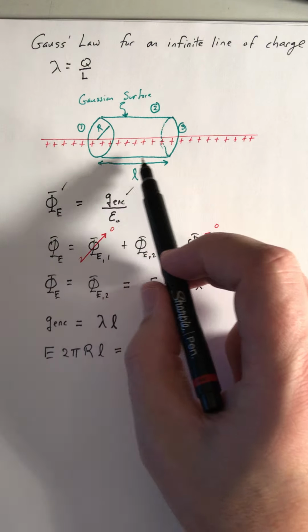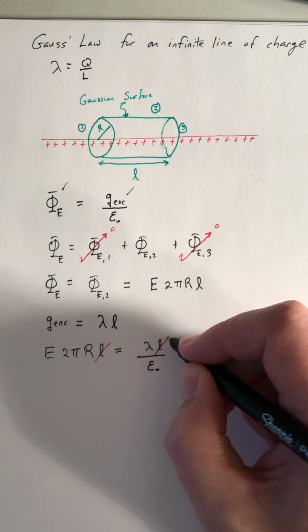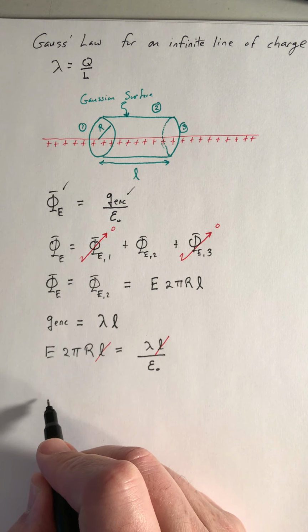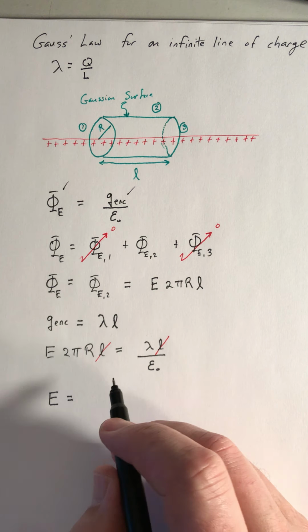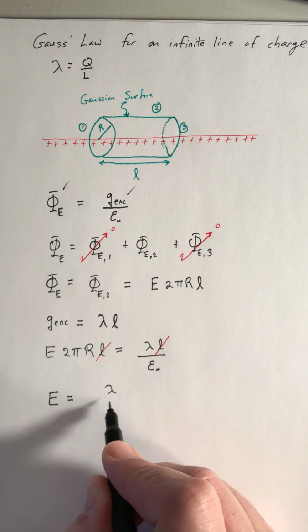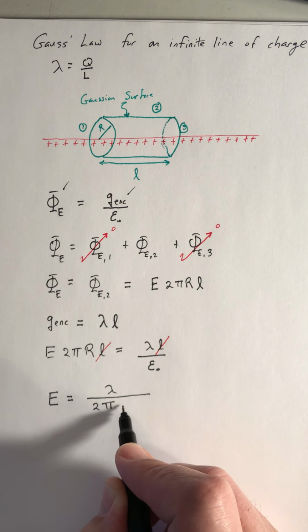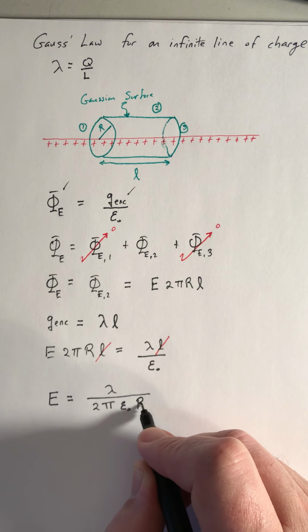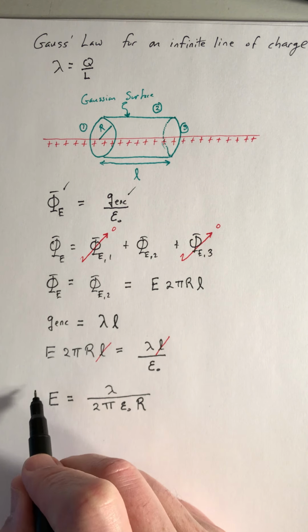And the length of my Gaussian cylinder is arbitrary. It's on both sides of the equation, so I can throw it out. And we can solve for the electric field magnitude. I'm going to have a lambda in the numerator, a 2 pi epsilon naught, and then the radial distance away from the line charge, r, in the denominator.